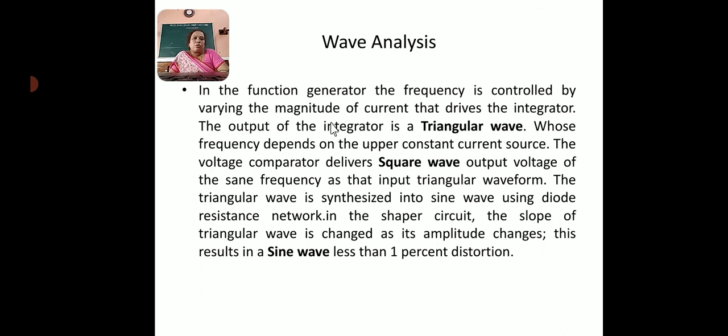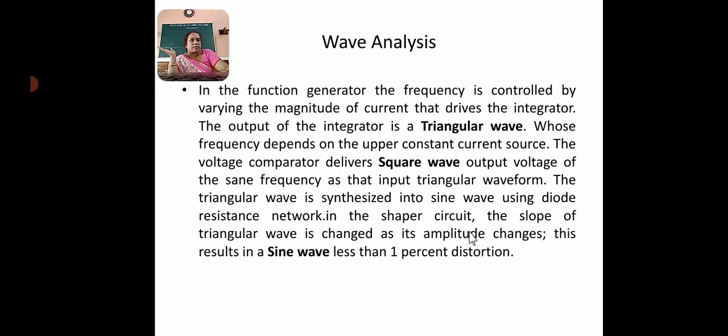Next, a voltage comparator, whose frequency depends on the upper constant current source, delivers a square wave output voltage of the same frequency as that of the input triangular waveform. The triangular wave is synthesized into a sine wave using the diode resistance network.